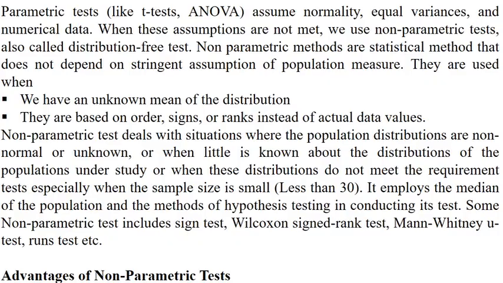They are used when the population distribution is non-normal or unknown, or when little is known about the distribution of the population under study, or when the distribution does not meet the requirement of the test, especially when our sample size is small, that is less than 30.